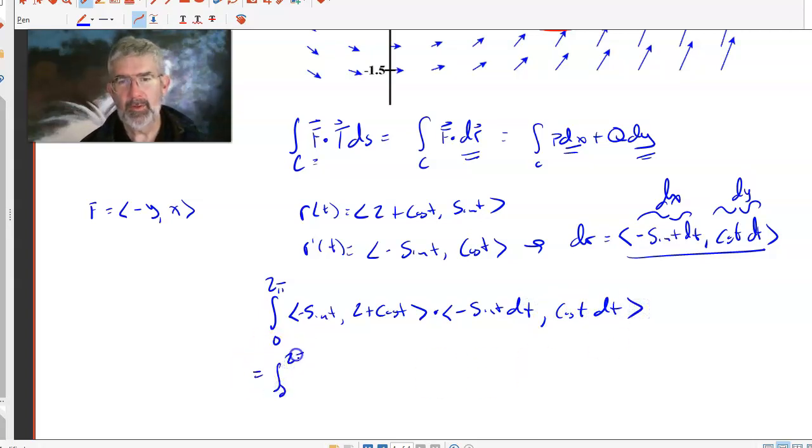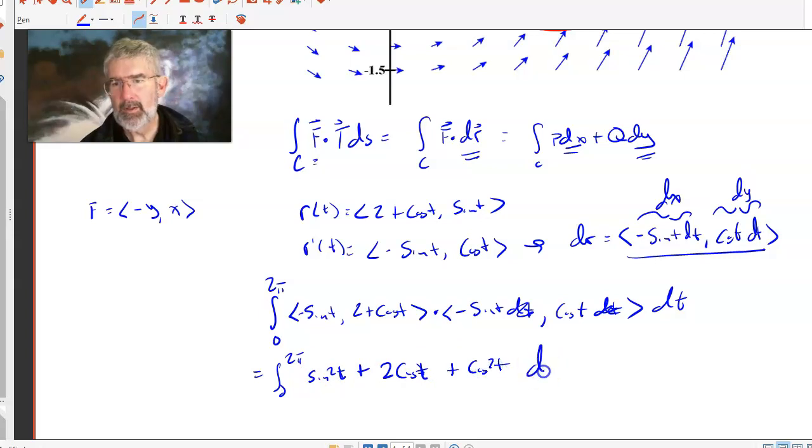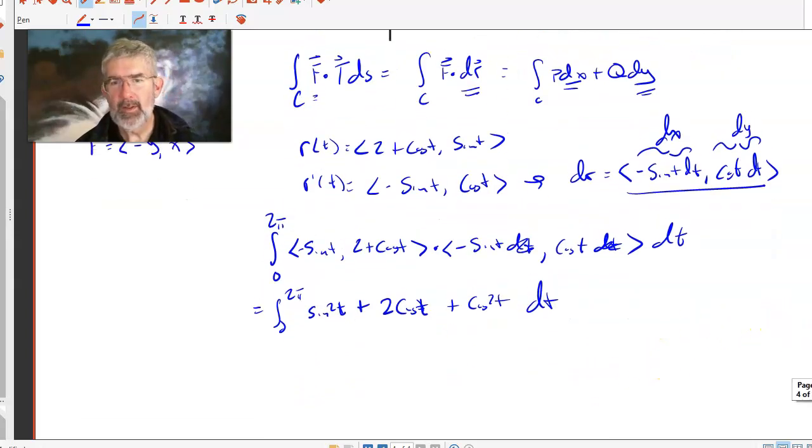which gives me the integral from 0 to 2 pi. Doing this dot product here, you can put the dt's in there, or you can just put them at the end. So minus sine t times minus sine t is sine squared t. And the 2 plus cos t times cos t is 2 cos t plus cos squared t. And then I've got a dt on the end. And what do I see?